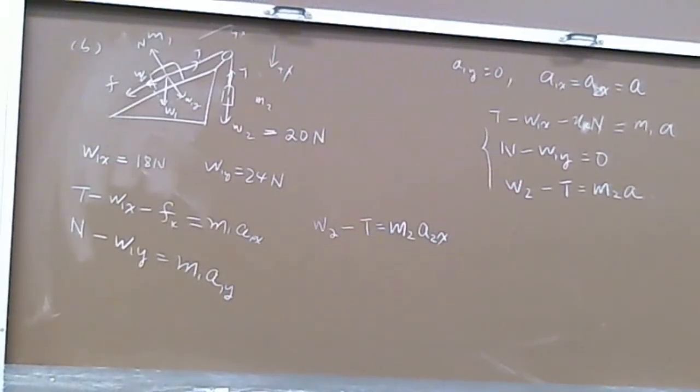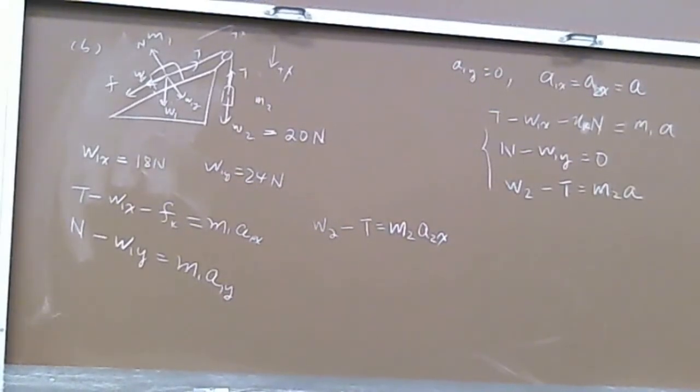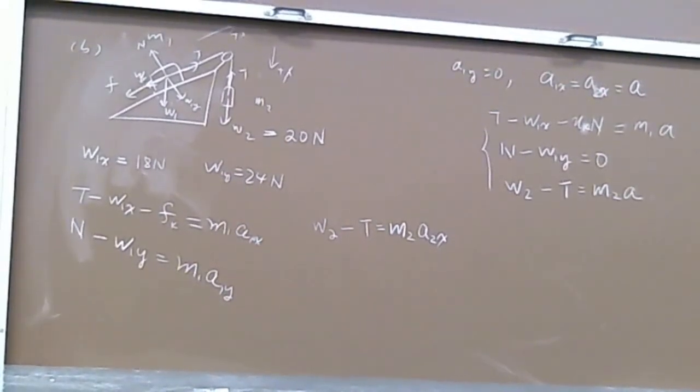So you get T minus W1x. Can you tell me what's W1x? It is 18 minus mu k, and mu k is 0.2, and equals to m1, which is 3a. Okay, and then you have n minus W1y.